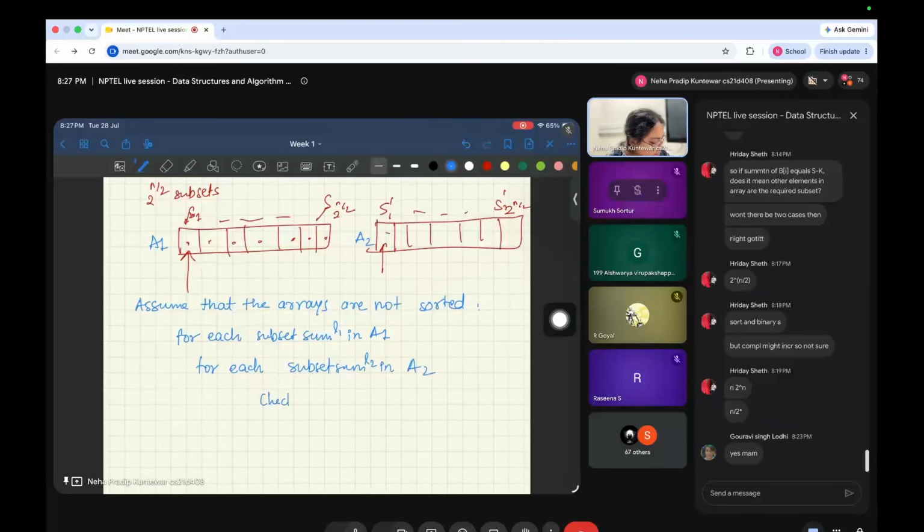Check if l1 plus l2 is equal to k. If yes, then halt. And at the end of this loop, if nothing is found, then say no. Okay, so that's the brute force idea, right?